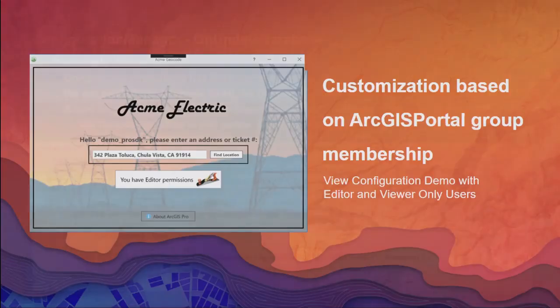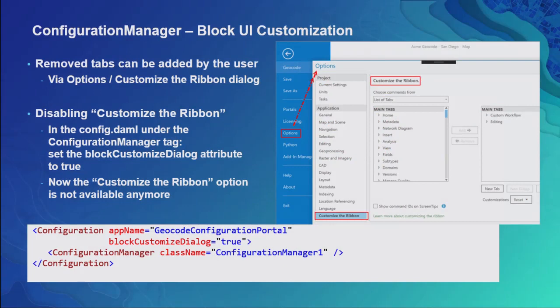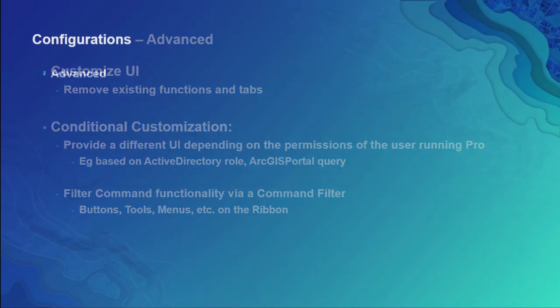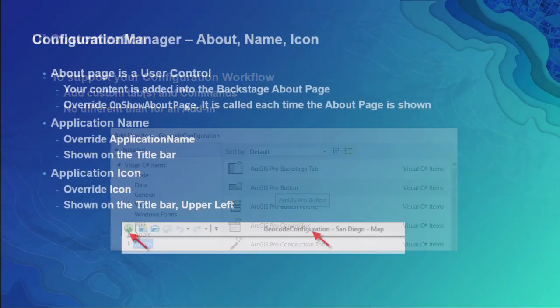you could say in one regard that the configuration overlaps the add-in, but the configuration is really there to be very specific and purposeful, where you want to go beyond the customization of an add-in.